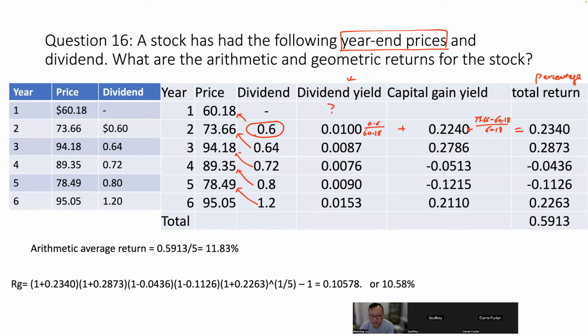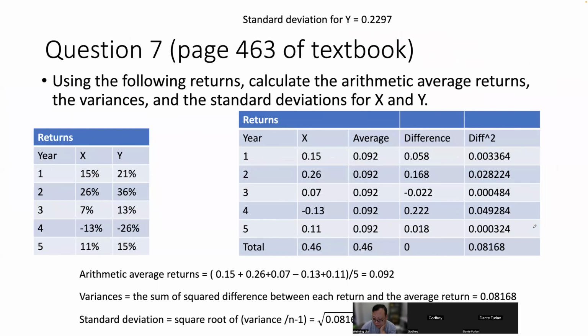Okay, so you can see that I calculated the return in percentage for years 2, 3, 4, 5, 6. So I have 5 observations: 1, 2, 3, 4, 5. What's the average of these 5 observations? I add them up, so I get the total return.